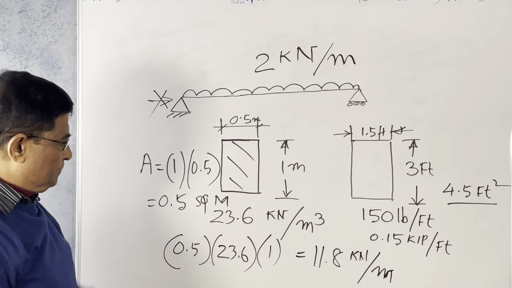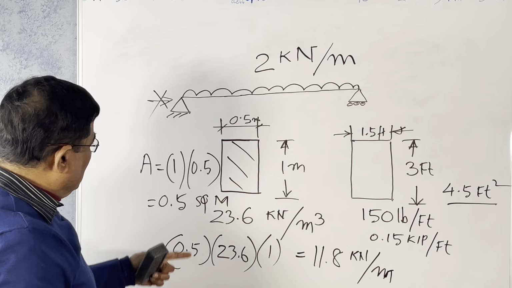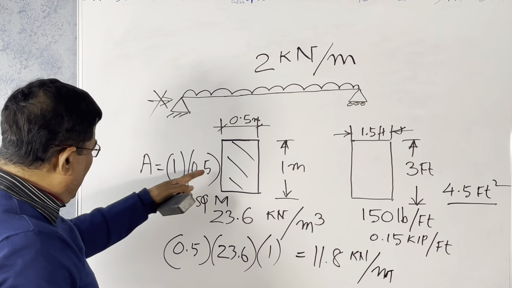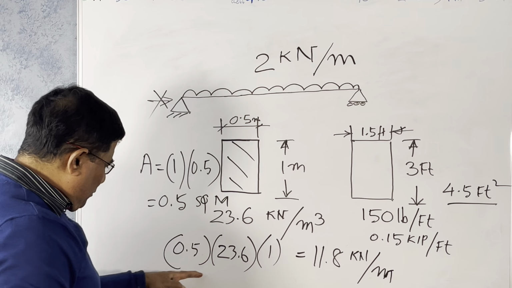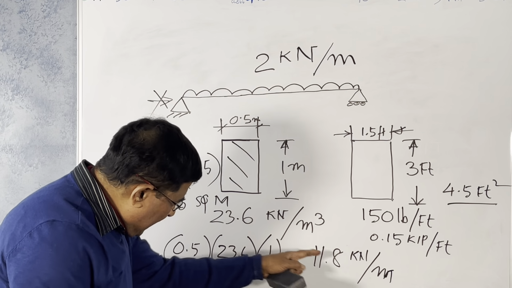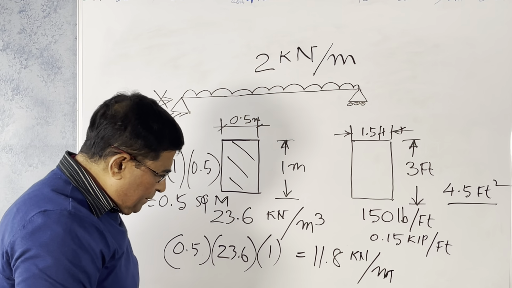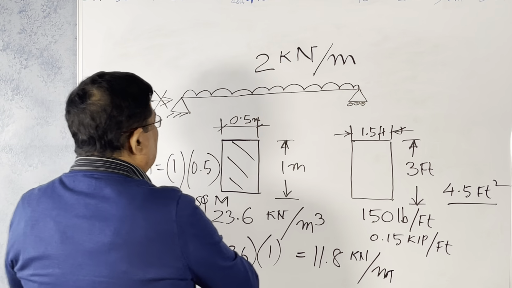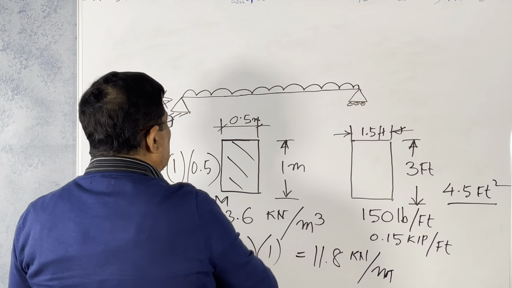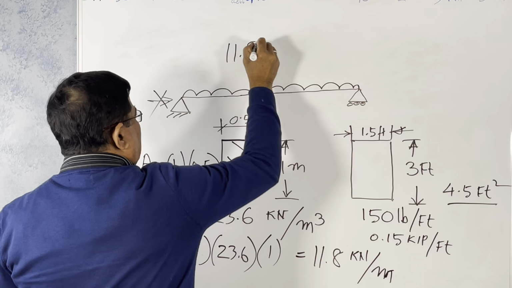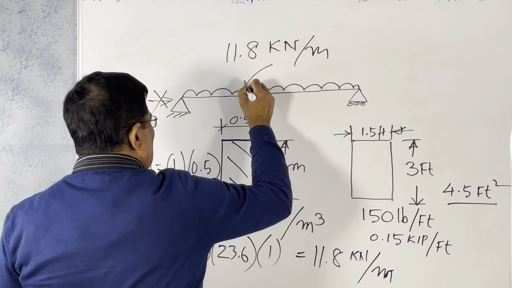Do you understand what I am saying? It is the cross sectional area multiplied by the unit weight times 1 meter length. For 1 meter, this is the weight. So you can write 11.8 kilonewton per meter is the UDL.